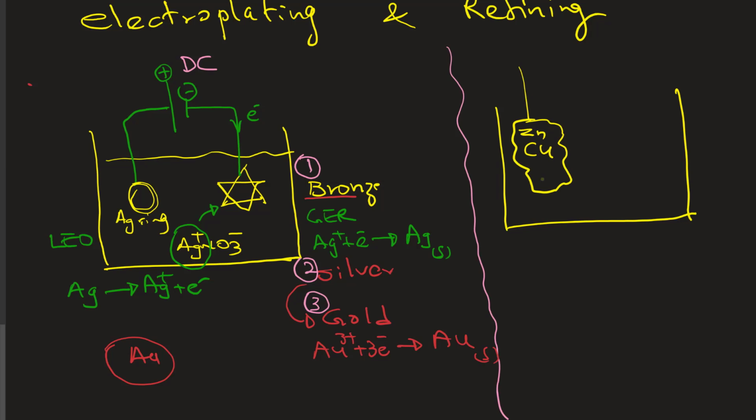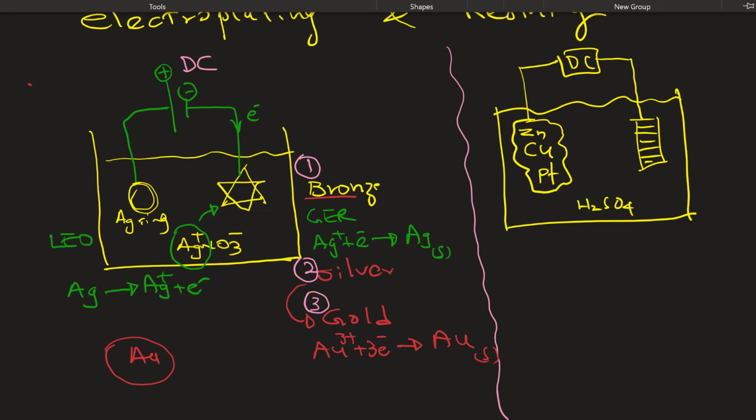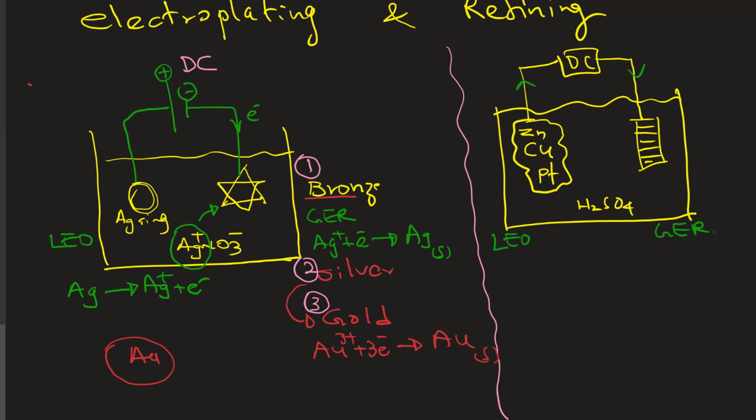And then electro-refining. What refining is, actually, we have impure metal, sulfides and oxides, and we're going to purify it up to 99%. So what you need is something like a sulfuric acid solution, and then we call it the pig, the zinc, copper and some other metals, and you put that one into the anode and put a DC current and put it to the other side.